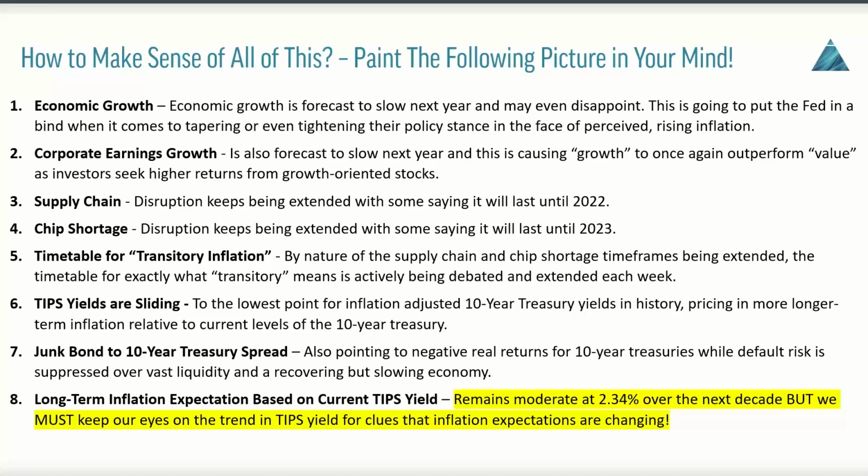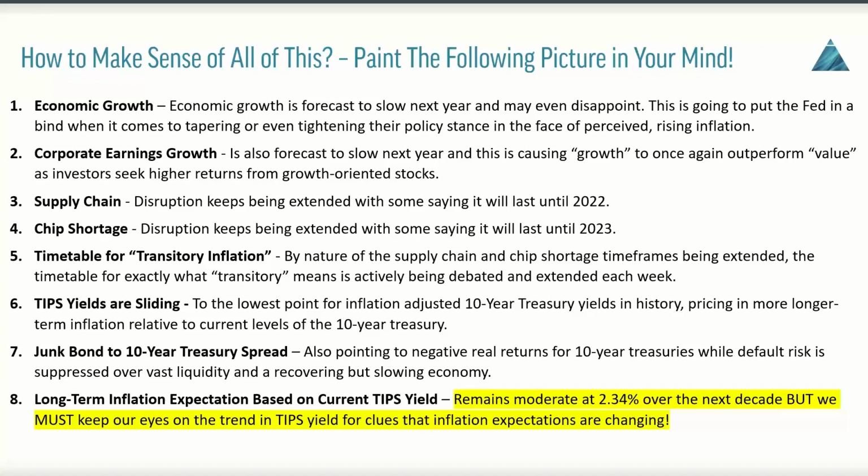And the key point here is point number 8. I want everybody to keep in mind that what I have highlighted here in yellow is really the key of this entire picture, that the long-term inflation expectation based on current TIPS yields remains moderate at 2.34% over the next decade, right? We calculated that, and you can calculate this yourself every single day.